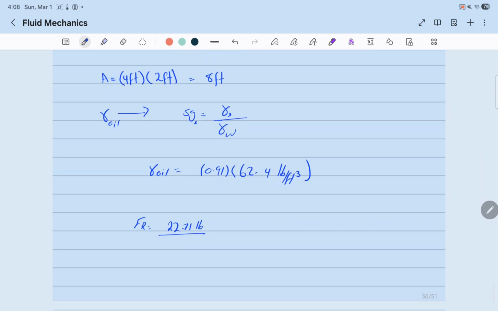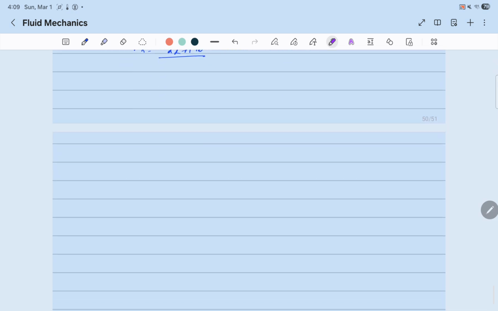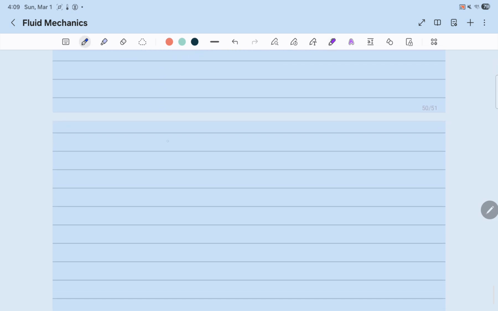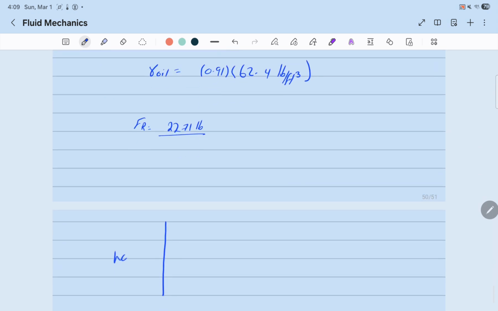Okay, now the second step is to find where the resultant force is happening. In order to do that, as I said earlier, we need to find the inclined length from the centroid to the level of the surface. In order to do that, we'll use HC. So we have HC here, which is the depth. It was given to be 5 feet.